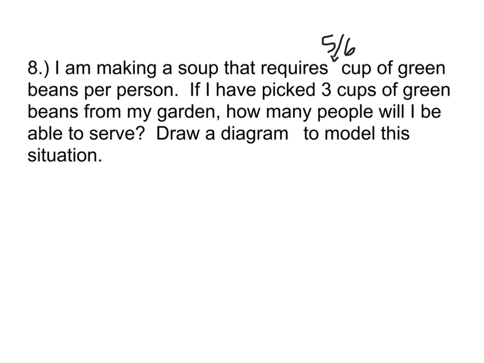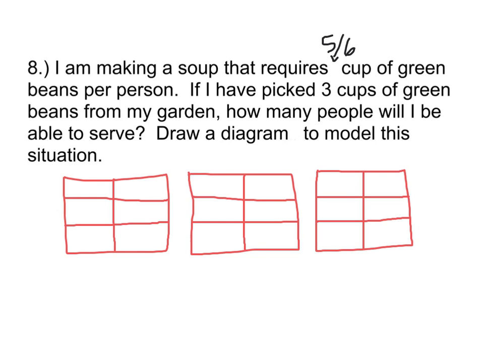I am making a soup that requires 5/6 cups of green beans per person. If I have picked 3 cups of green beans from my garden, how many people will I be able to serve? Draw a diagram to model this situation. All right, so I have drawn 3 rectangles to represent the 3 cups, and I've split each cup into 6ths.